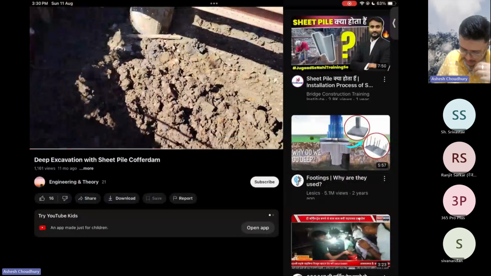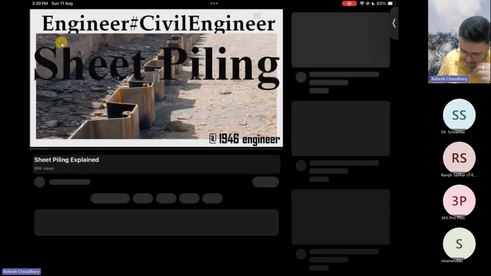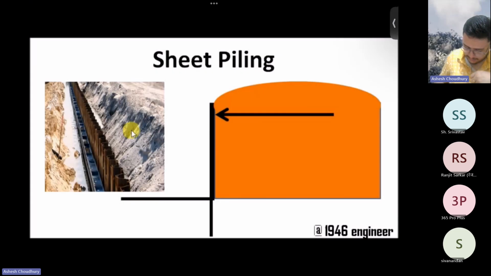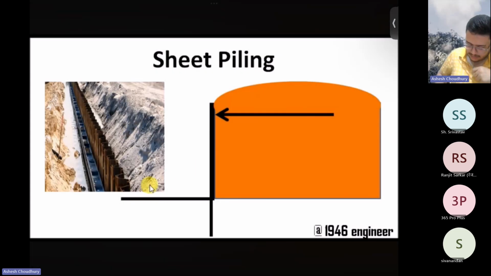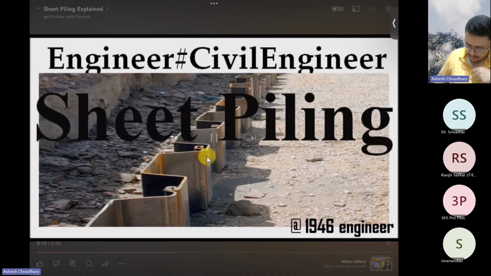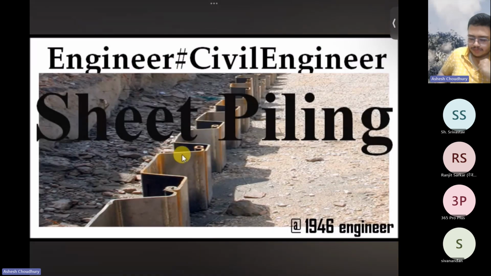This video is not clear, but they are driven into the soil to prevent the backfill entering into the excavated portion. In this video, we will restrict ourselves to explaining what sheet piling is. The different types of sheet piling will be in the coming videos.